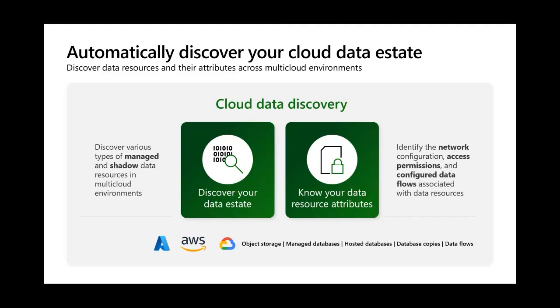So once this is enabled, Defender for Cloud automatically and continuously discovers the entire cloud data estate. So we are discovering managed and shadow data resources in use across multi-cloud environments. We're discovering and evaluating their accessibility and their data flows inside the cloud. And we discover critical data resources that contain sensitive data using agentless and intelligent data sampling scans.